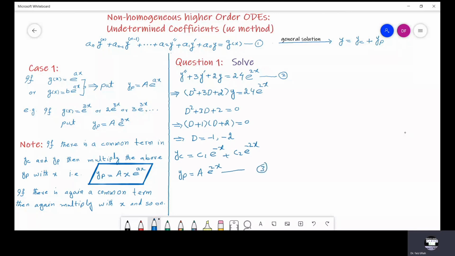Now we shall substitute the value of y in equation number 2, but from here we obtain the value of y dash, which is equal to 2a e power 2x, and the value of y double dash, which is equal to 4a e power 2x.